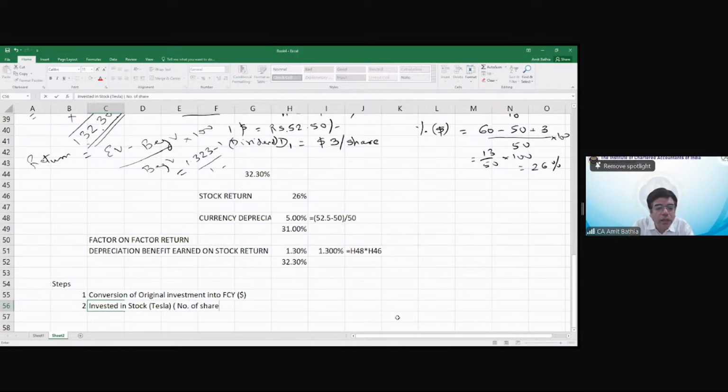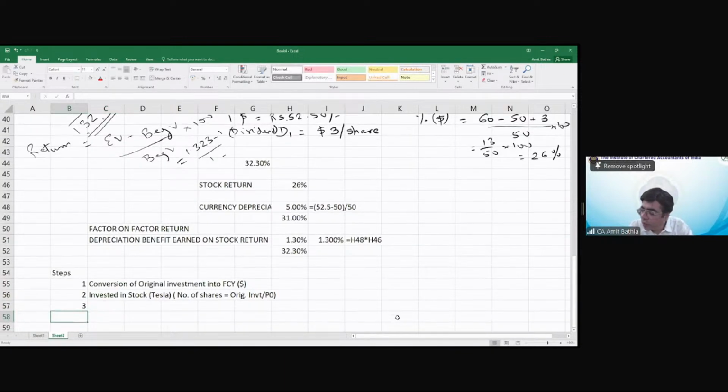Number of shares is equal to original investment divided by P0, the price prevailing at the beginning, right? So I got the number of shares. Now I need to calculate the value of holding at the end of the year.